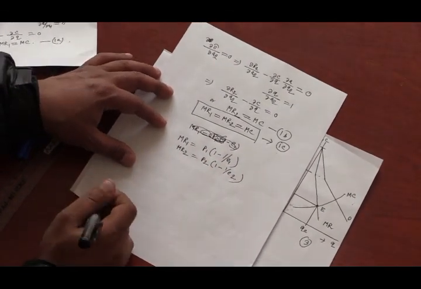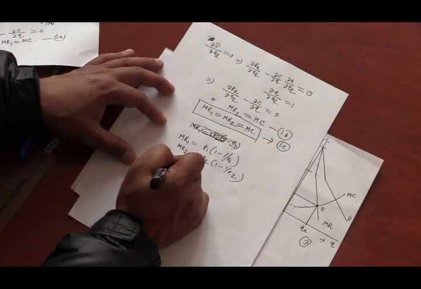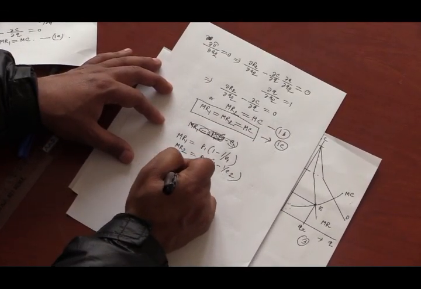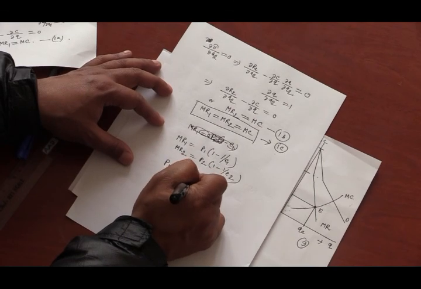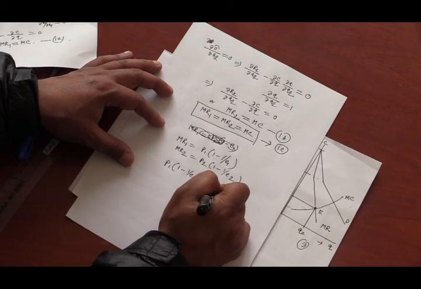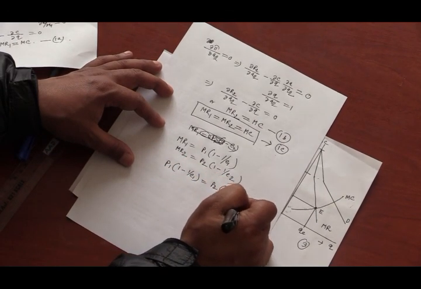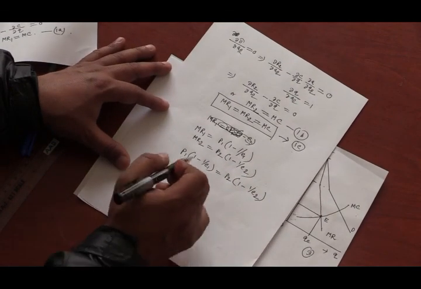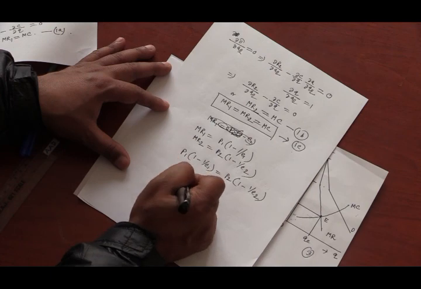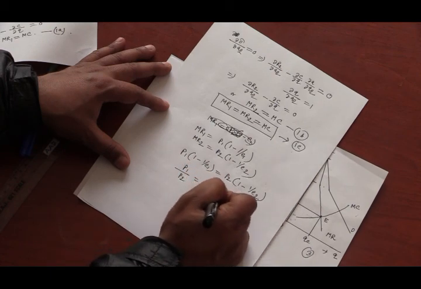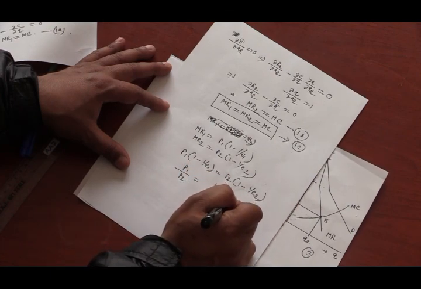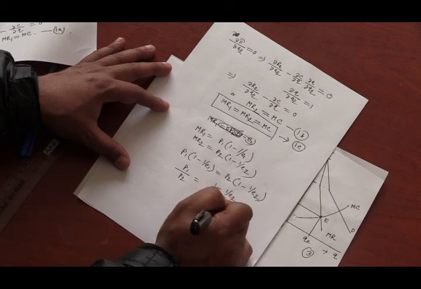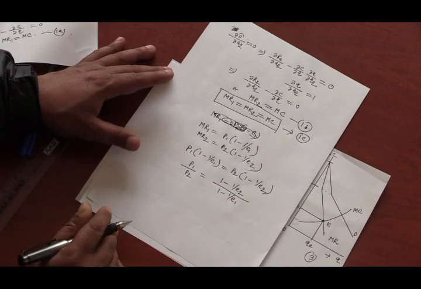So from the condition MR1 equals MR2 we can write that P1 into 1 minus 1 by E1 equals P2 into 1 minus 1 by E2. So P1 by P2 equals 1 minus 1 by E2 divided by 1 minus 1 by E1.